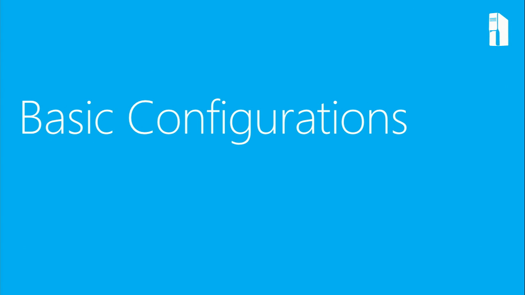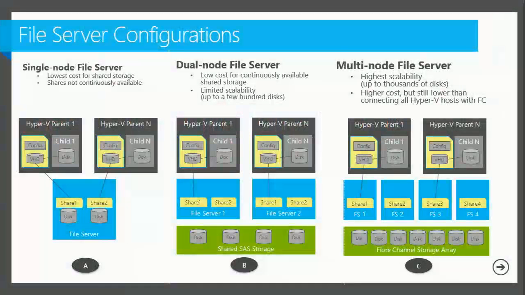But there are several different things that we put in place to make that happen, and there are several different ways that you can deploy it. And I want to quickly go over some of these.